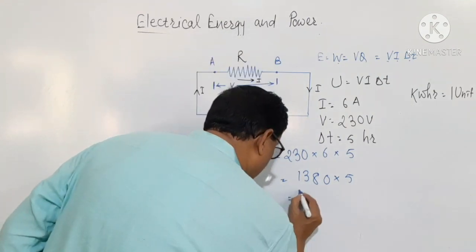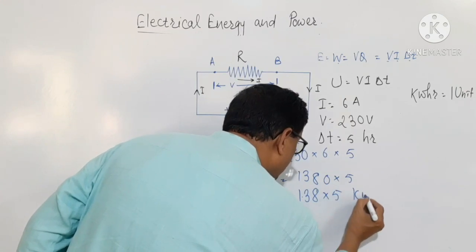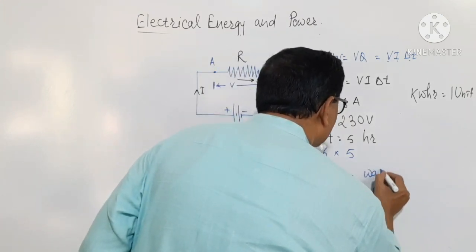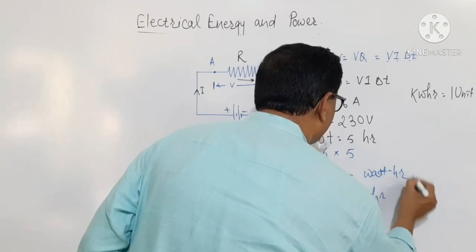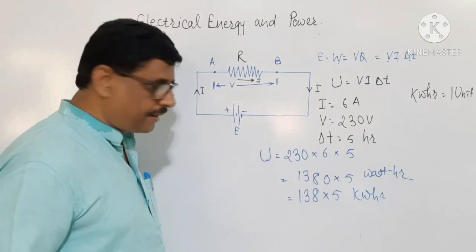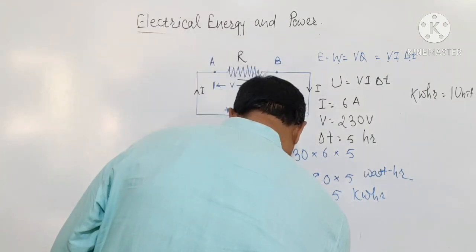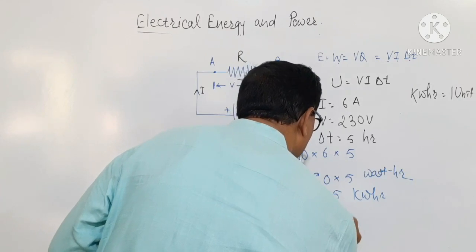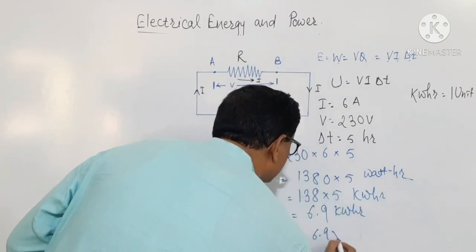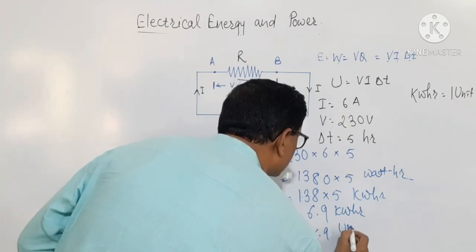And it should be equal to 1.38 into 5 kilowatt hour, and it comes out to be equal to 6.9 kilowatt hour, and it is nothing but 6.9 units of electricity board.